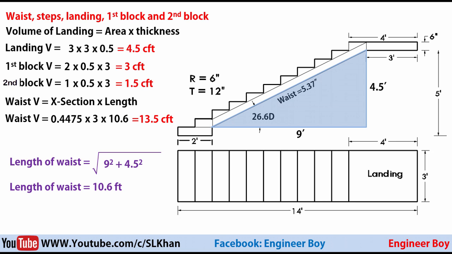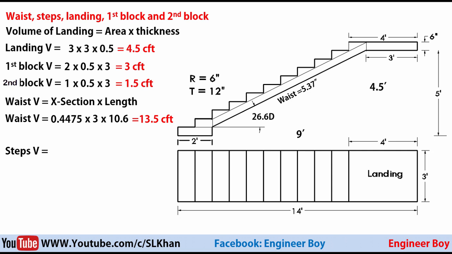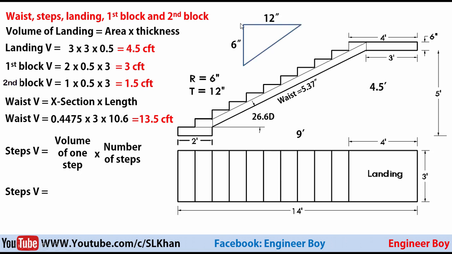That's so simple. The final thing we calculate is the volume of the steps. These are triangular prisms, so the steps volume is the volume of one step times the number of steps. The volume of one step is the multiplication of both sides divided by 2: 1 foot times 6 inches, or 0.5 feet, divided by 2.